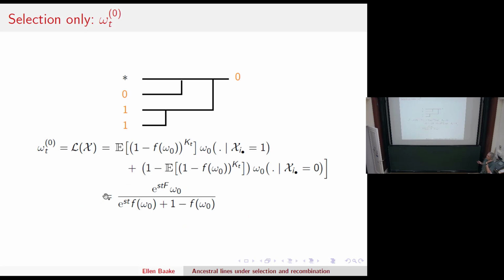This leads us immediately to the law of X, which is then the start of our recursion. Why? Recall there's no recombination, so all the sites are glued together, the neutral sites are glued to the selected sites. So we can first decide which is the true ancestral line out of all these potential ancestral lines.